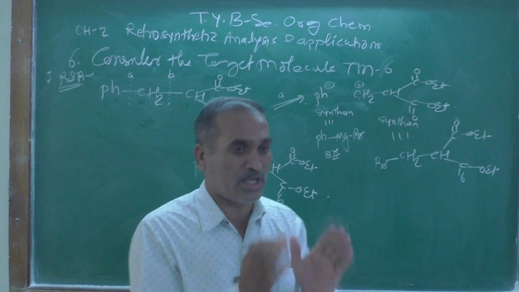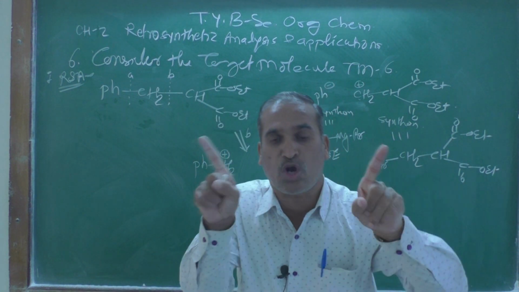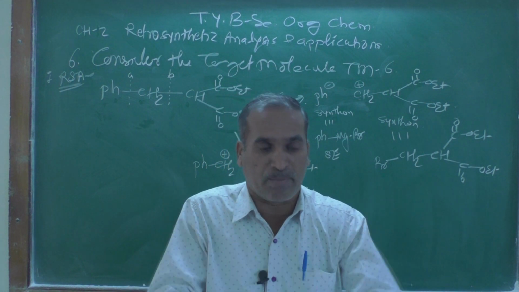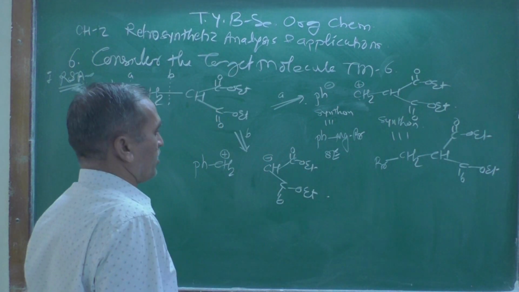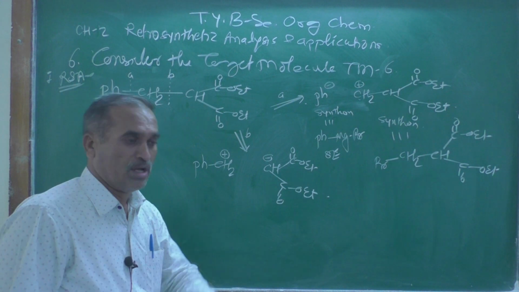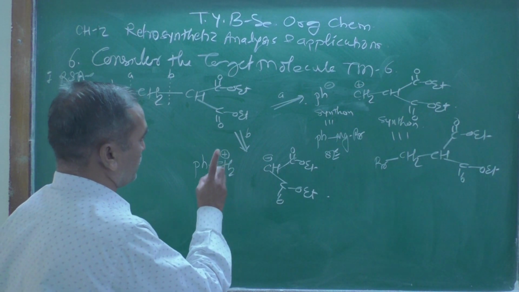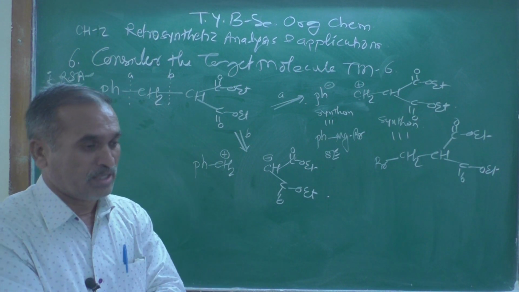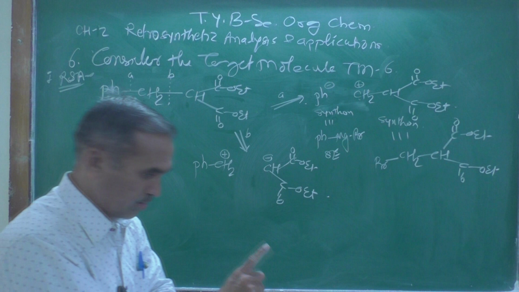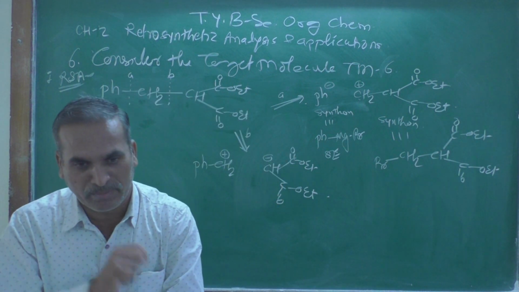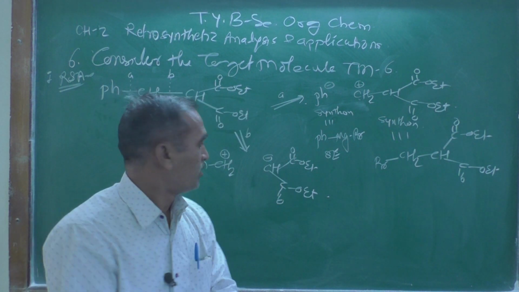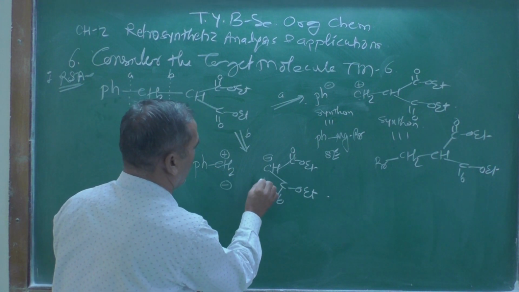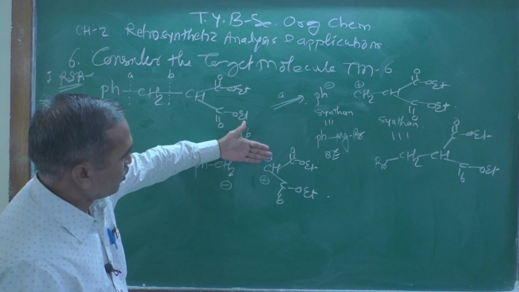It is present in between two strong electron withdrawing groups, and that's why it is greatly stabilized by the minus R and minus I inductive effects. Therefore, if some of you are not using common sense, you might put a negative charge and a positive charge here.